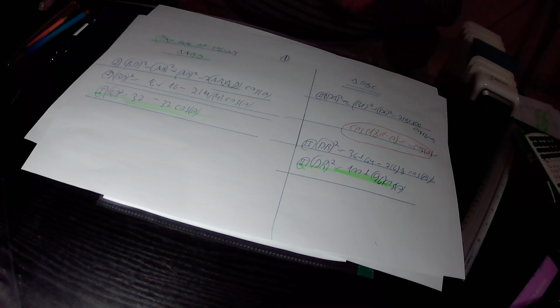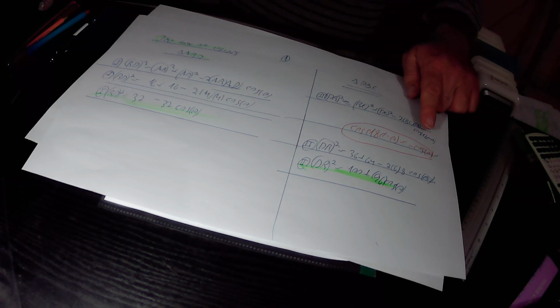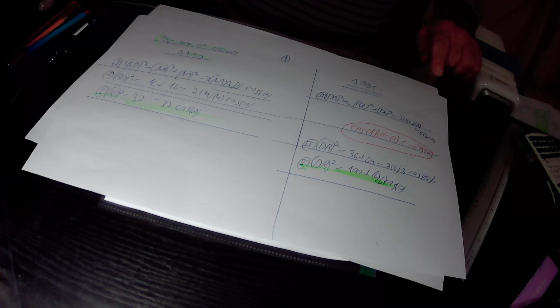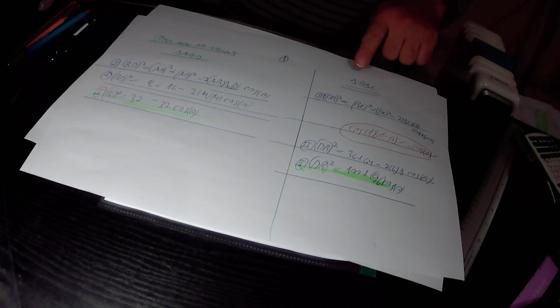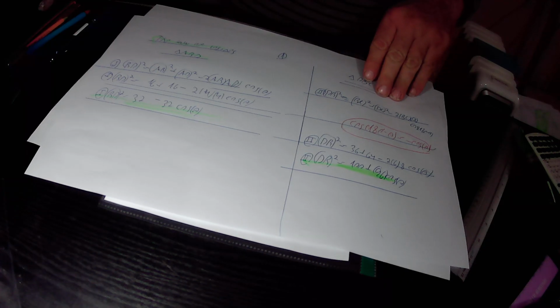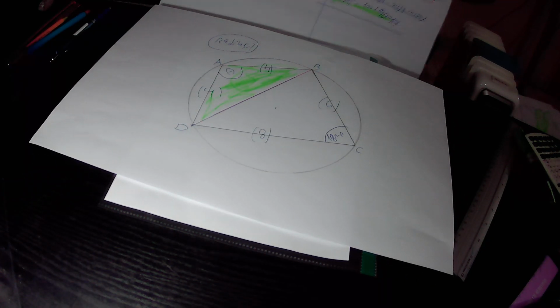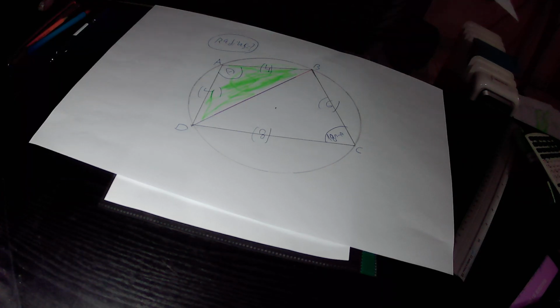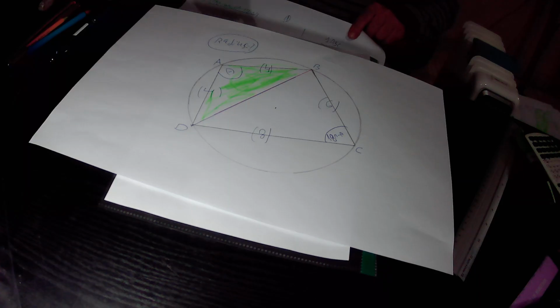We have the trigonometric identity that states that cosine of 180 degrees minus theta equals minus cosine theta. Therefore, we can substitute cosine of 180 degrees minus theta in this equation by minus cosine theta. We found that DB square equals BC square, and BC is 6, so BC square is 36, plus DC square.